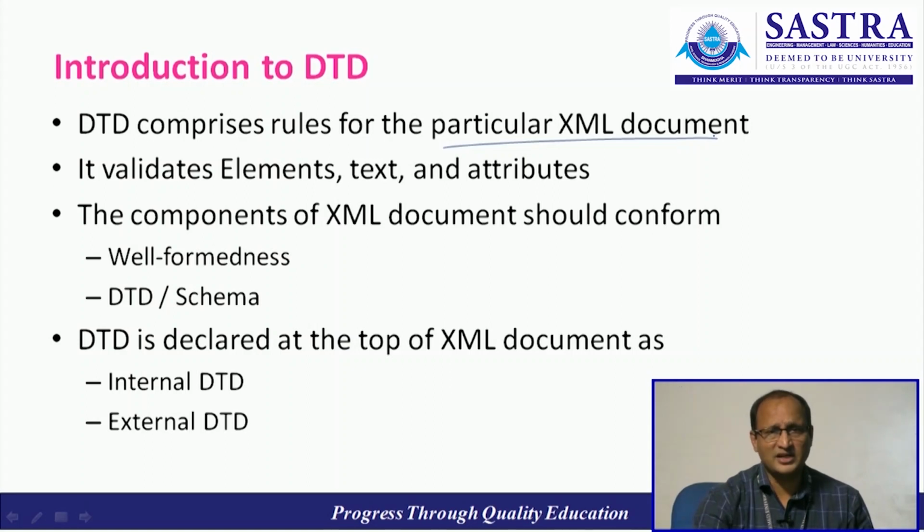We have written the rule set: how my XML document should be, what are the elements, what are the child elements, how many times the element can be repeated, what is the actual text an element is having, how many attributes we have, whether the attribute is having a single value or multiple values.